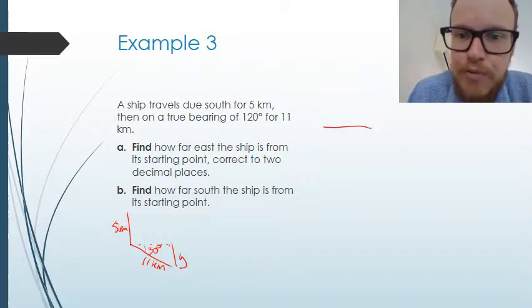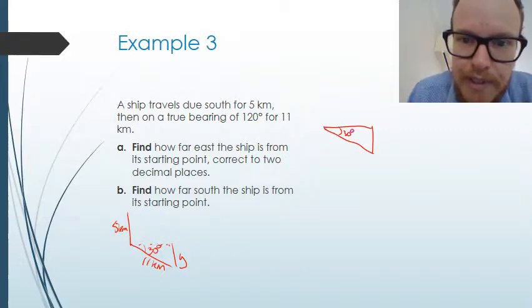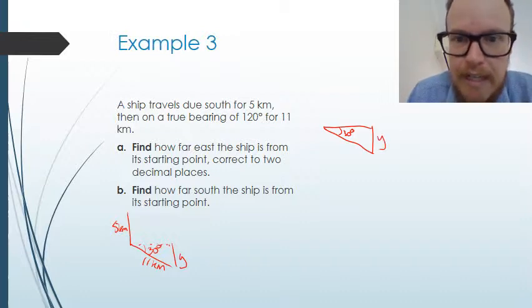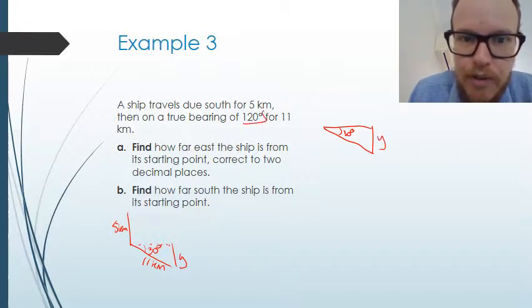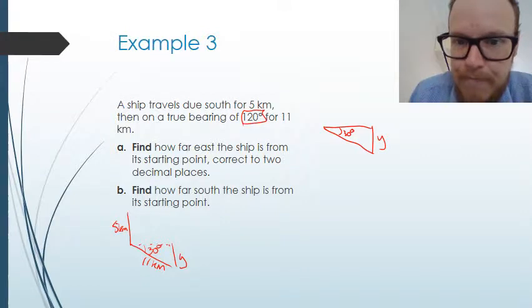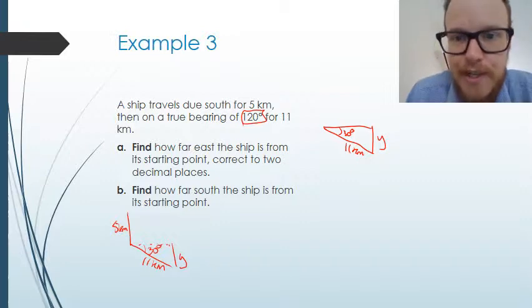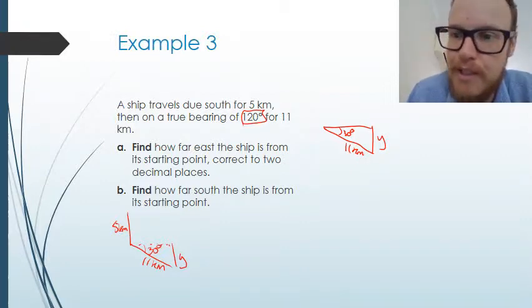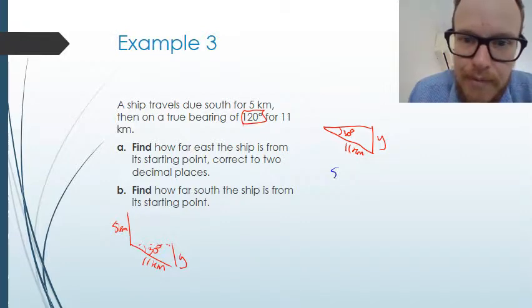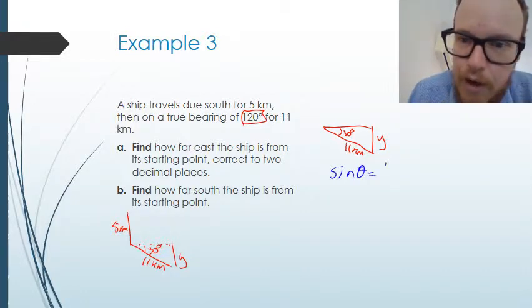So remember, drawing our triangle again, 30 degrees, because we've been travelling at that 120 degree true bearing. We know this is 11 kilometres, and our relationship now is we've got the opposite side and the hypotenuse. So we need to use our sine relationship. So sine theta will be opposite over hypotenuse.